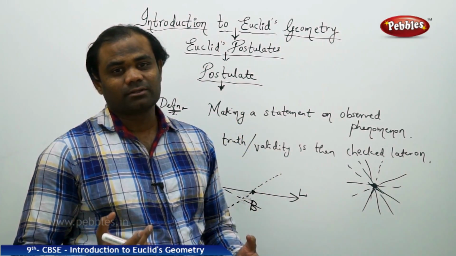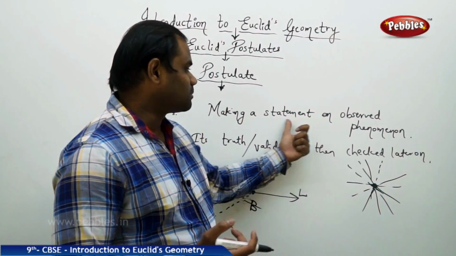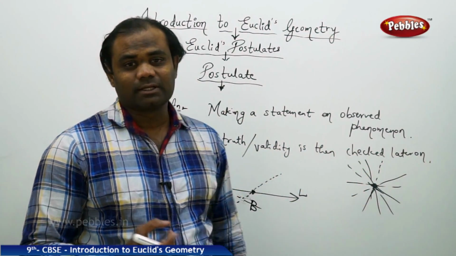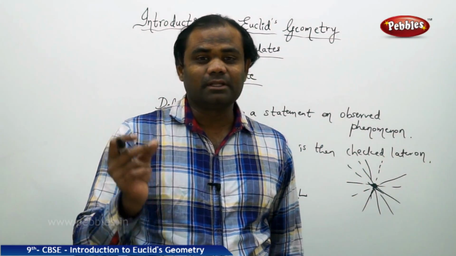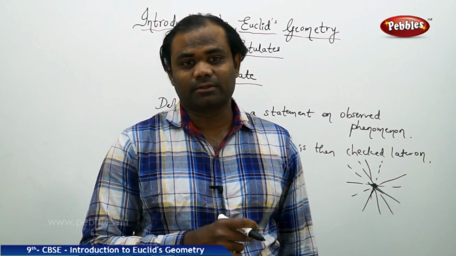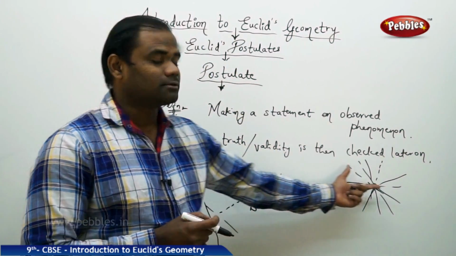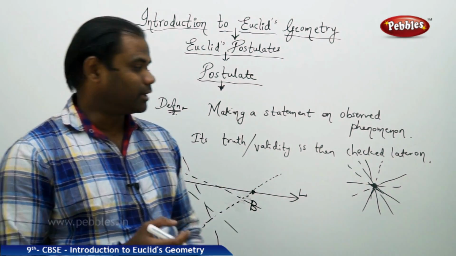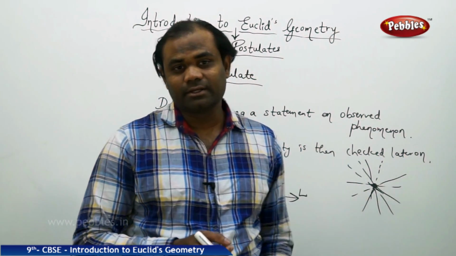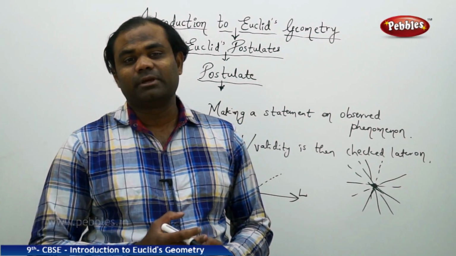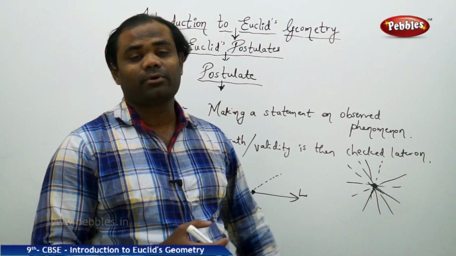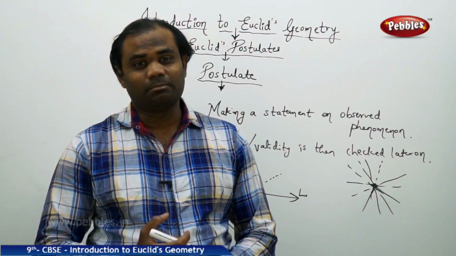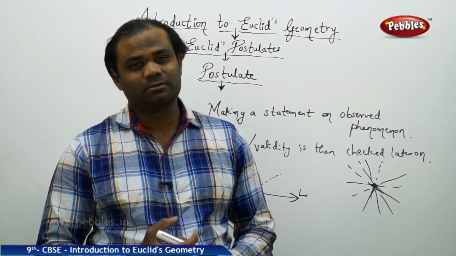My postulate is a statement made on observed phenomenon: infinitely many lines pass through the point. And I check its truth and validity. I draw the different lines and I see that there are infinitely many lines which pass through the point. That is how the postulate comes.